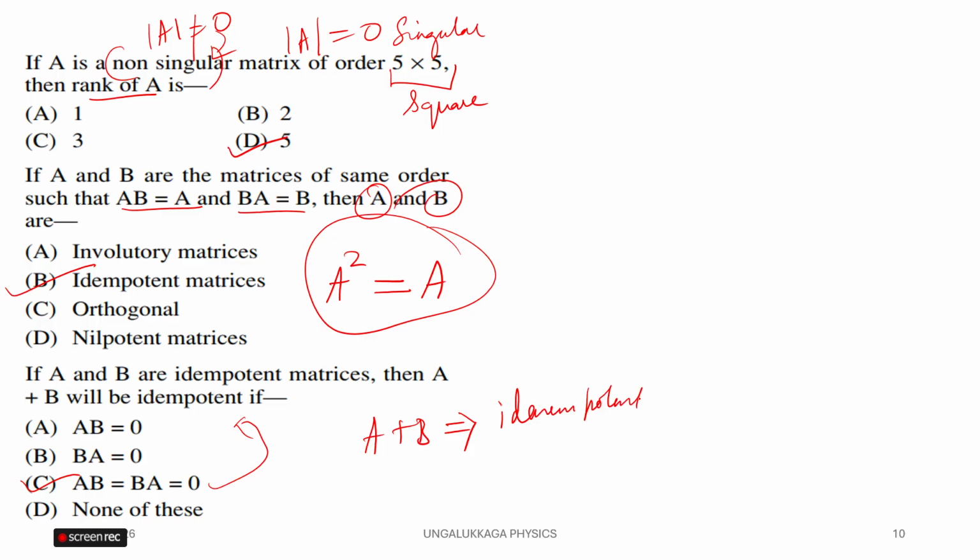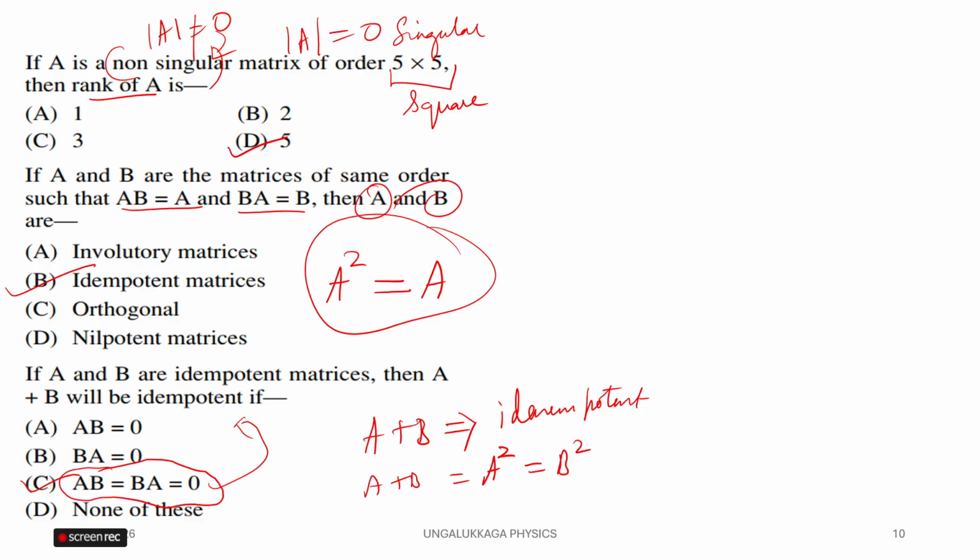If A plus B is idempotent, that is, A plus B equals its square, then this condition should be satisfied: AB equals BA, both equal to 0.